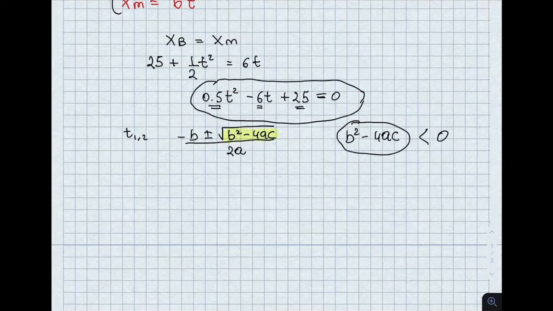If b squared minus 4ac is equal to 0, this means only one solution.